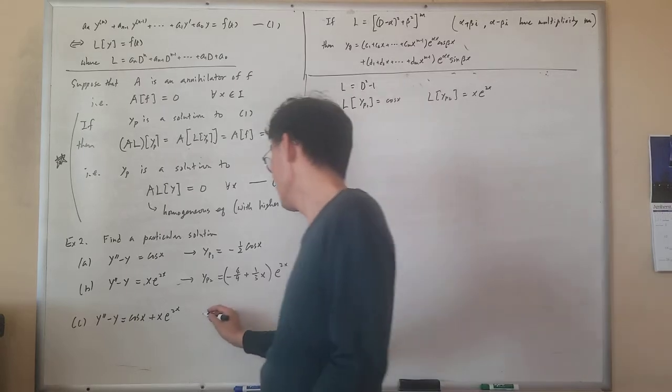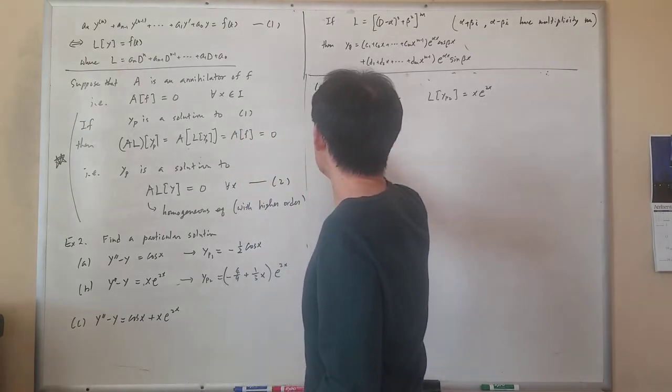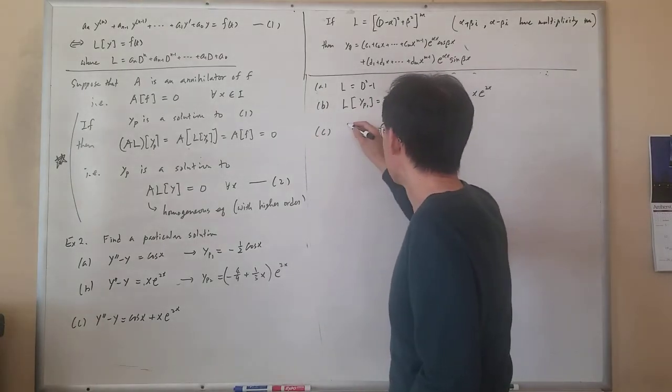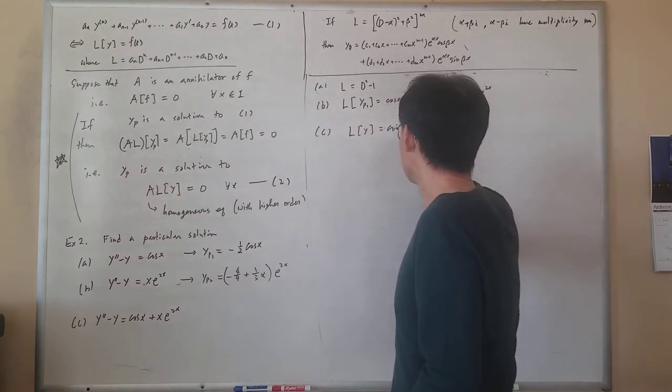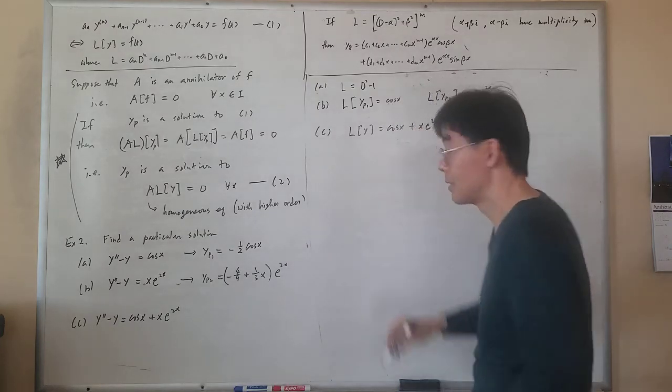Now this one is what? From A and C, B, all right? Where your equation is cosine of x plus x e to the 2x.